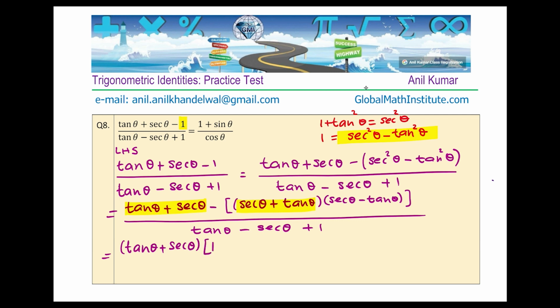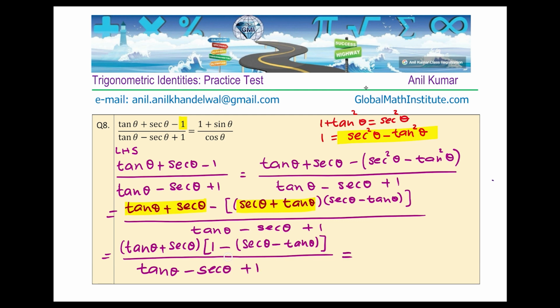So we get 1 here minus the other term, which is secant theta minus tan theta, divided by tan theta minus secant theta plus 1. And now when you open this bracket, you get 1 minus secant theta plus tan theta. You see that? So they cancel out. So these terms cancel.